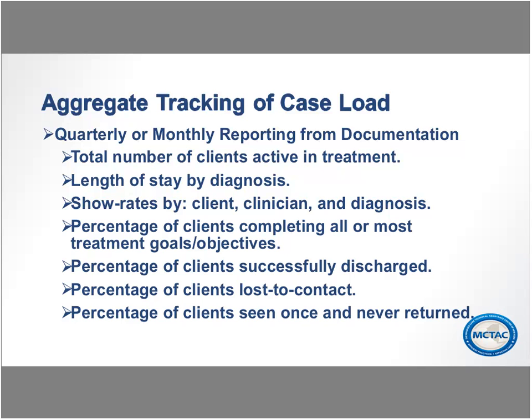We'll know the total number of clients for that clinician active in treatment, their length of stay by diagnosis and diagnosis type. For example, we can separate thought disordered, mood disordered from depressed, anxious, co-occurring, etc. So what are our diagnostic categories? How have we compartmentalized those? And how do we show length of stay according to those categories?